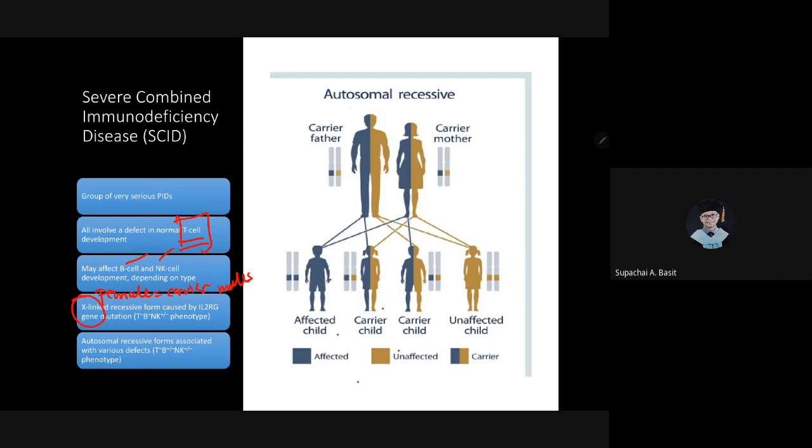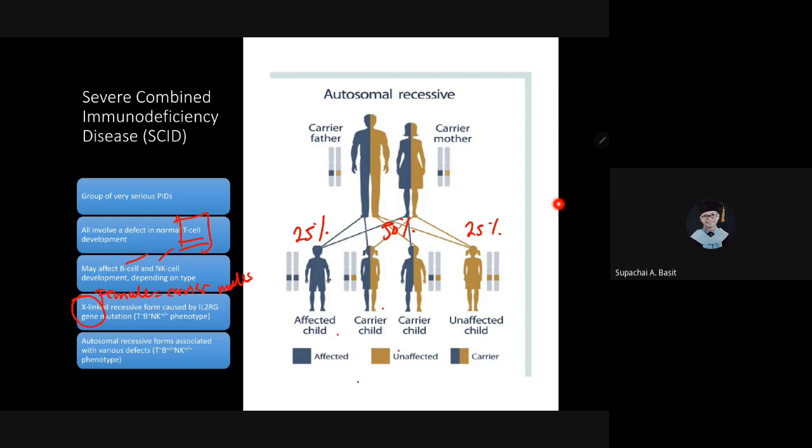So if a carrier father copulates with a carrier mother, the progeny could have 25% of children affected, and then 50% of the progeny could be carriers, and only 25% could be normal or unaffected.